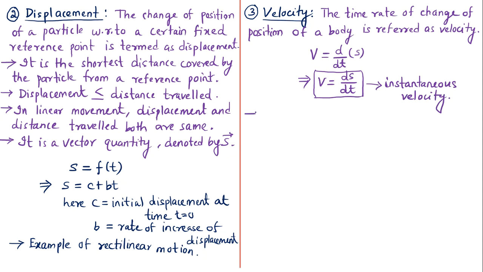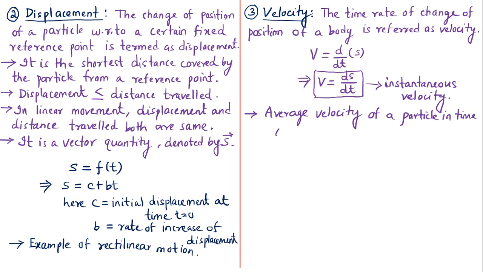And what is average velocity? Average velocity of a particle in time delta t.